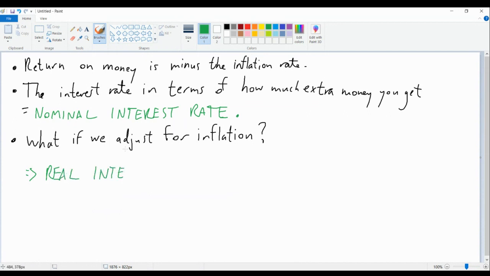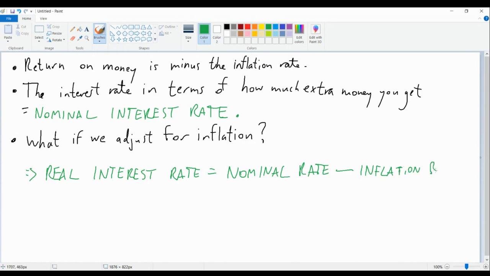Something that's real in economics means that it's being adjusted for inflation. And we can define it easily as the nominal rate minus the inflation rate.